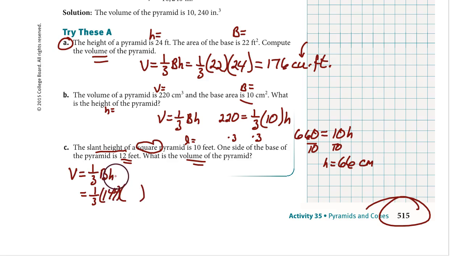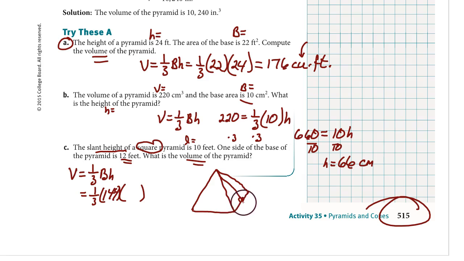Now the height. Does it tell the height of the pyramid? It doesn't. It tells the slant height. So let's draw a pyramid so we get a handle on what's going on. The slant height is a line running from the top right down the middle of the side, touching the side at a 90-degree angle.